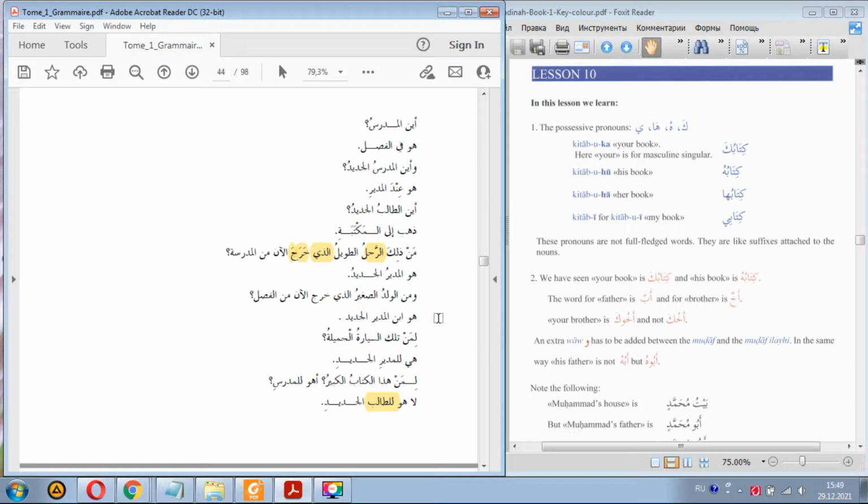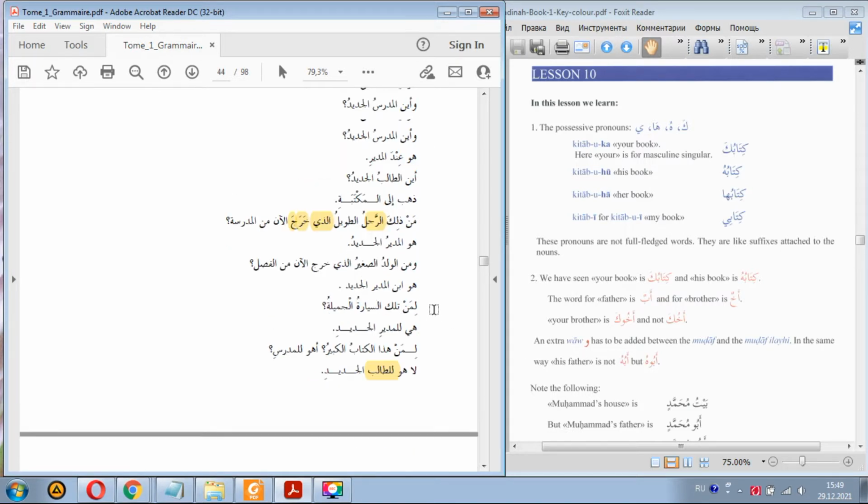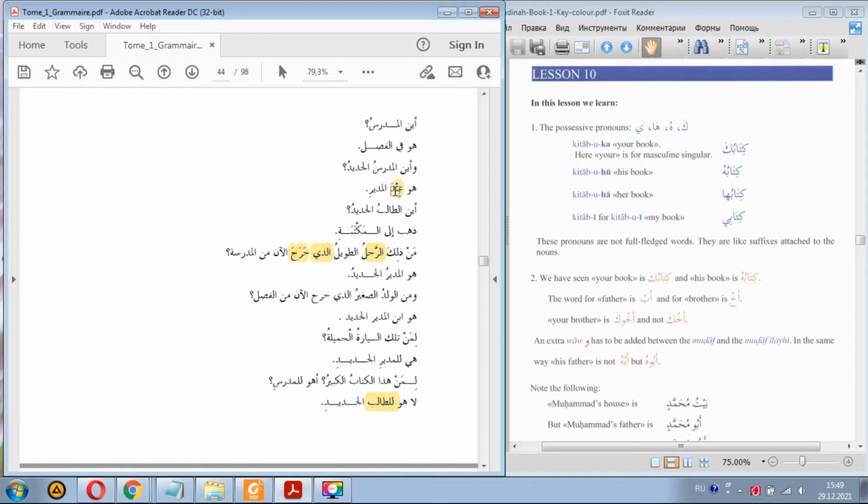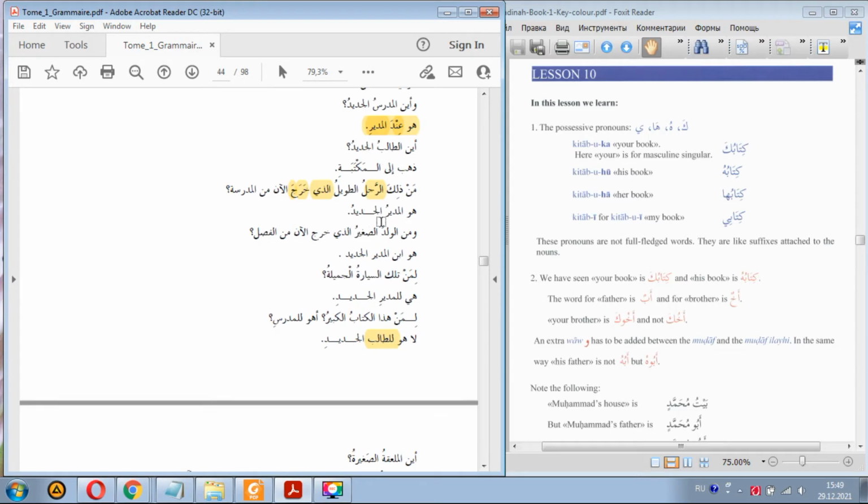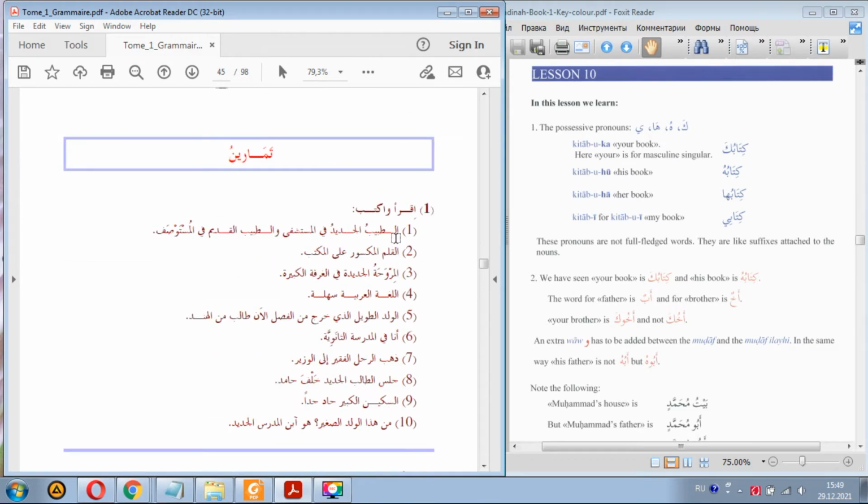And we also learned this word عند. هو عند المدير. We said that this عند is translated as with. He is with the headmaster. هو عند المدير. He is with the headmaster. So that's basically everything we learned in the previous lesson, and of course we worked on it by doing exercises.